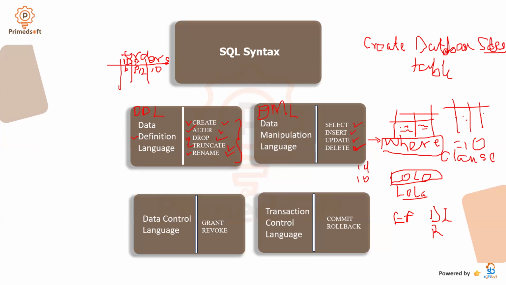Now, if we have another table called products that has a product ID, and then the product name.